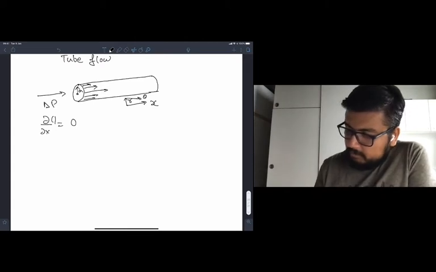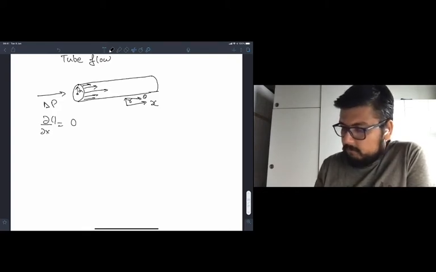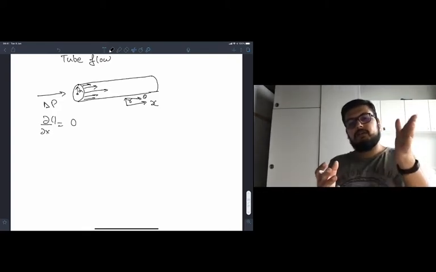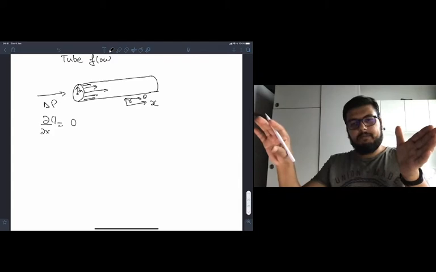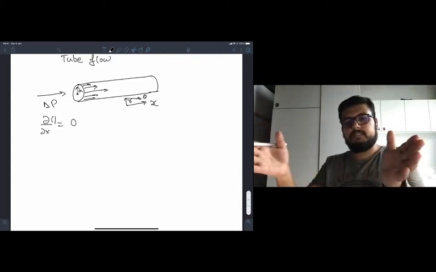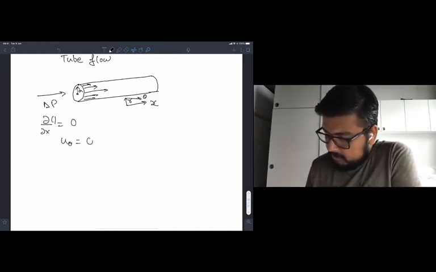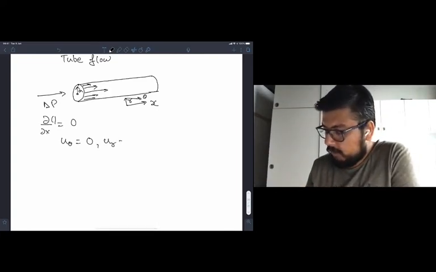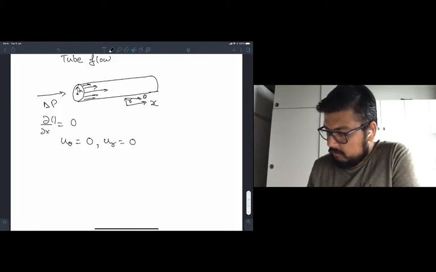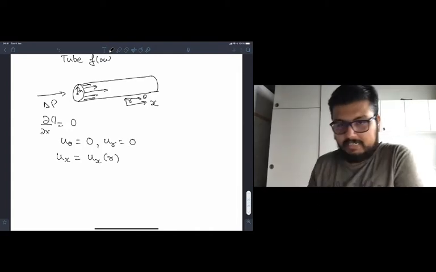So if you again use the same invariance in the x direction argument, and furthermore, if you think about the process, what is going on is that we apply a pressure gradient on the left, and then we get a laminar flow in the pipe after a certain distance. So after the entrance transients have died out, you can then argue that u theta is zero. So there is no azimuthal component of the velocity field, and ur is also 0, which gives us that ux is non-zero, and it is actually a function of r. And this will satisfy the continuity equation.